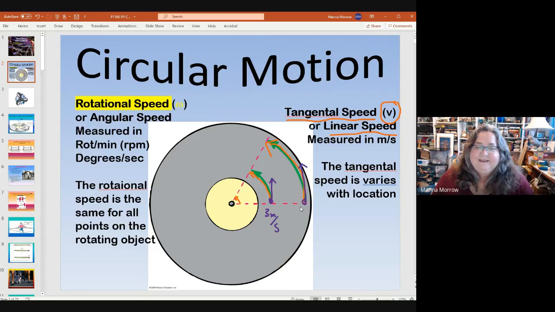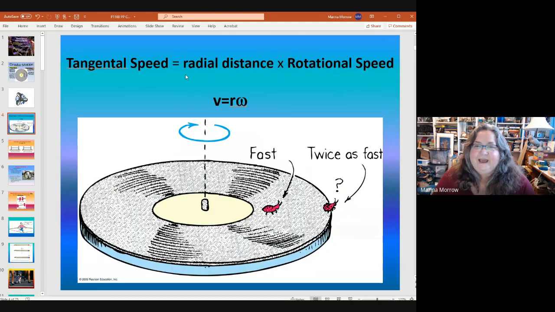So it might be going 6 meters per second, especially if it's twice as far out as the other one. In that case, the radius does make a difference. So tangential speed varies with location, and especially with the radial distance out from the center.